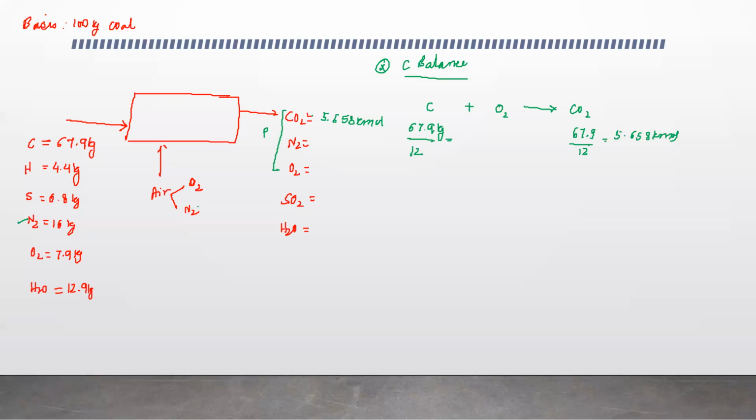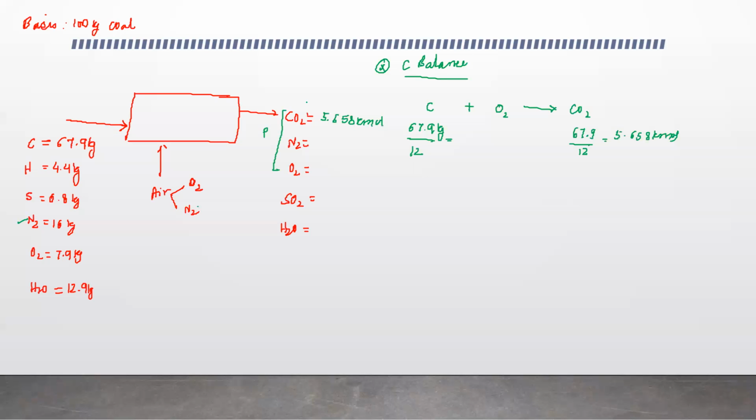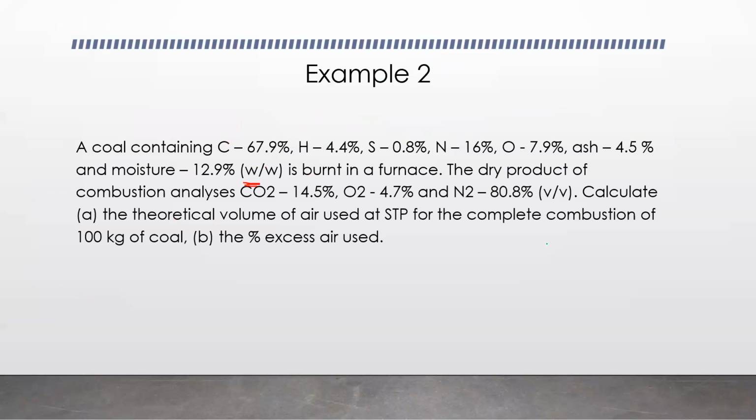Once we have carbon dioxide over here, then we'll go back and see the carbon dioxide is 14.5% in this P. And this percentage is given by volume.